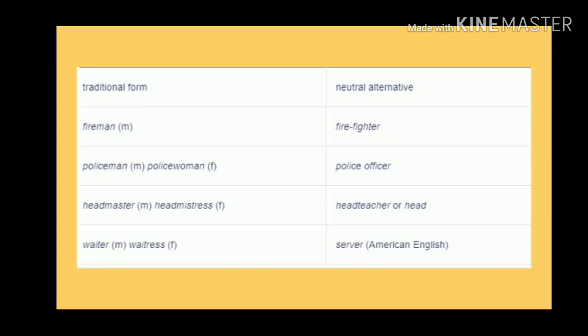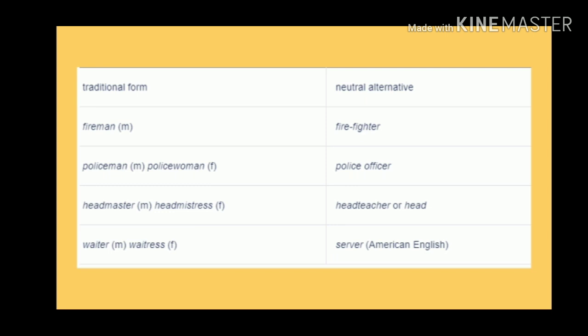Okay, there are some traditional forms and neutral alternatives. Like in the example, fireman. Fireman is the male form, and now we have the neutral alternative, firefighter.